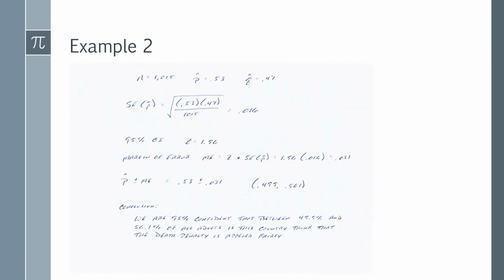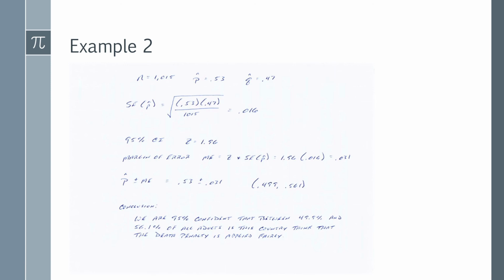The next thing that we want to do is calculate our standard error of p hat. That's the square root of our p hat times q hat divided by n, and that gives us 0.016. We're doing a 95% confidence interval, so our z is 1.96.